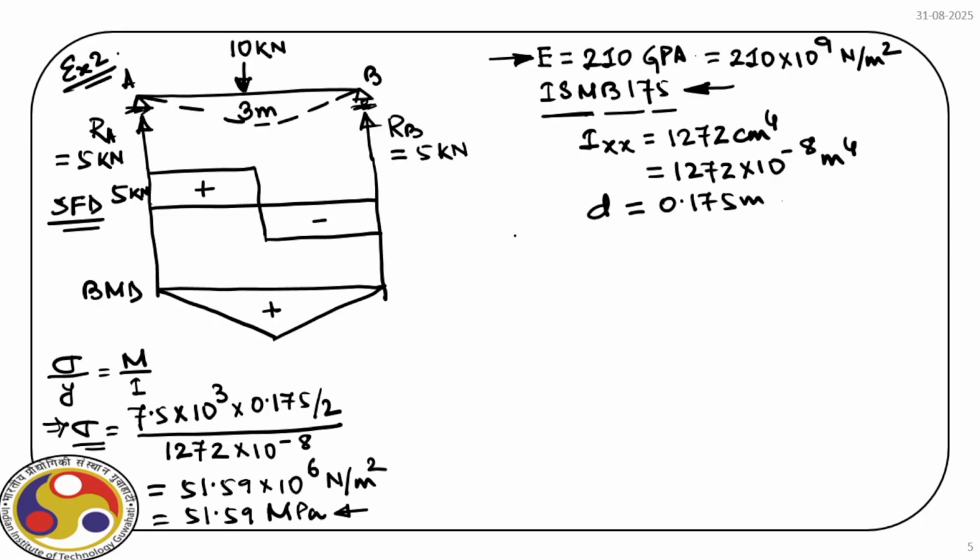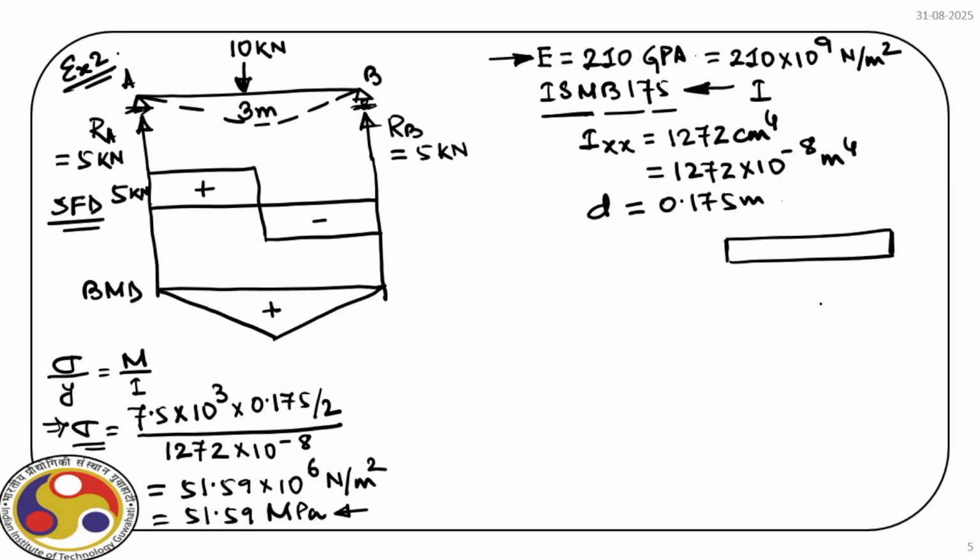Okay. Now let us solve the shear stress distribution, and for that again this is an I section if you recall, and for I section we have to first find out for the flange and then we will come back to the web. Now for the flange we have the cross section given.